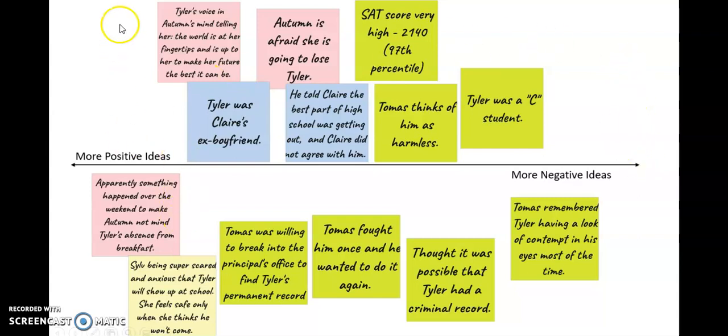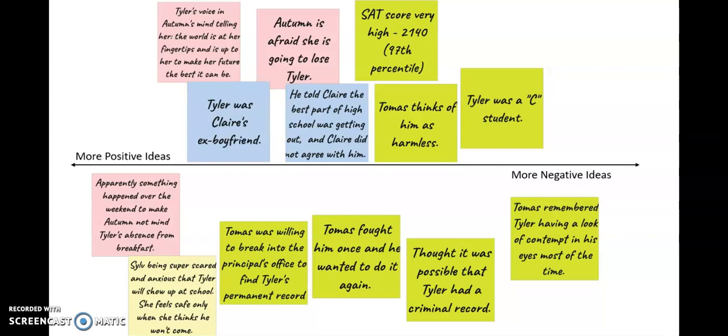So I've got positive ideas from different characters that I'm tracking and negative ideas from different characters that I'm tracking. And so far, Tyler hasn't even appeared in the story. Since he's been mentioned so many different times and in both positive and negative ways, I think that Tyler is going to be someone who is important moving forward in the story.